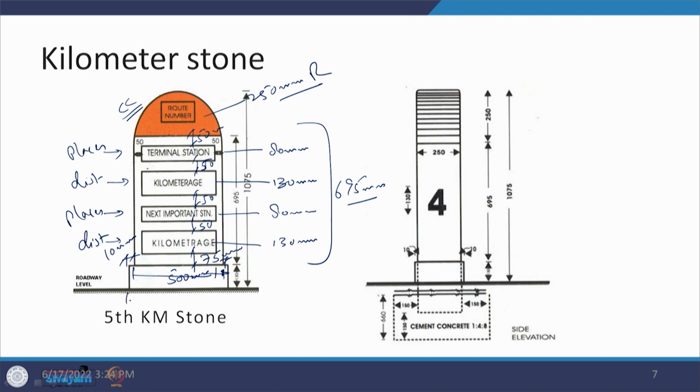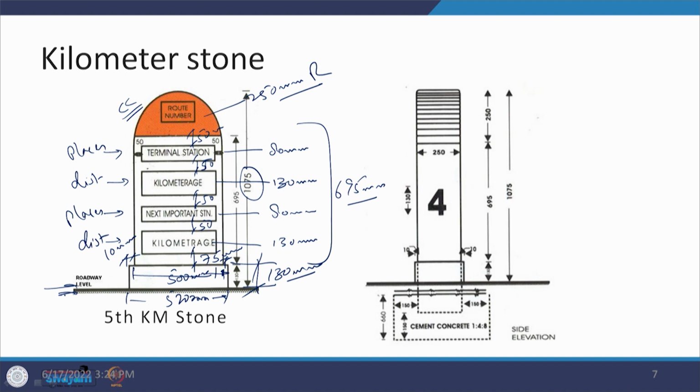So, that means this is 520 mm, and the height of this pedestal is 130 mm. So, if we consider all of these things, then what we are going to get is 1075 mm as the height of this 5th kilometer stone at the top of the ground level.